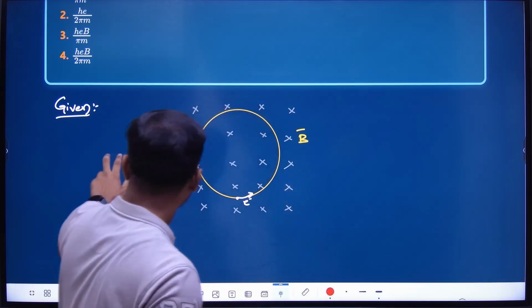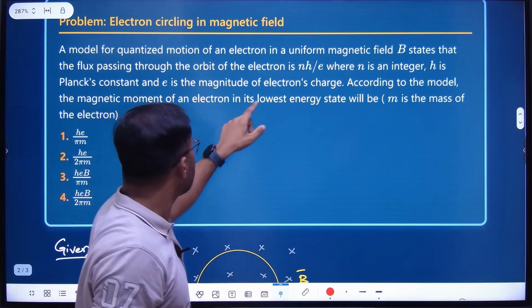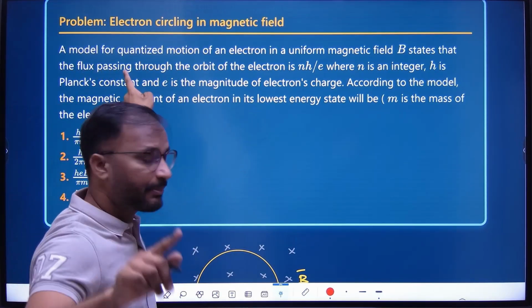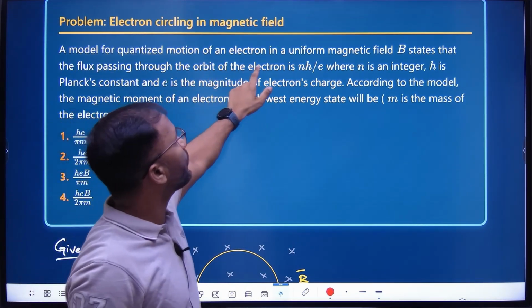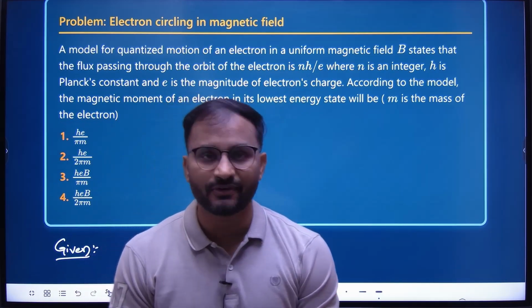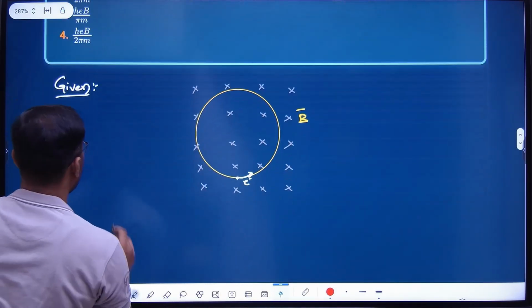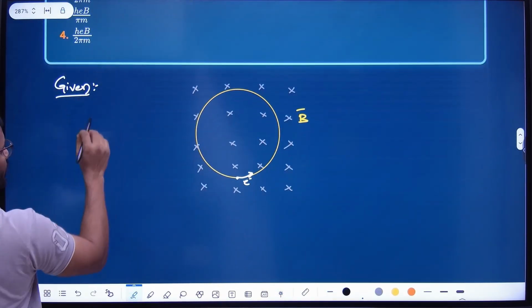Now he didn't just say that, he said something else in the same statement. The flux passing through the orbit of the electron is nh/e, which means he's talking about the magnetic flux. First let me write what he has given.